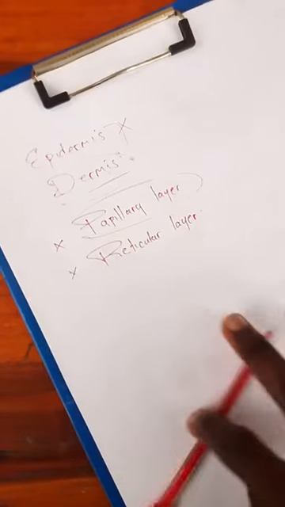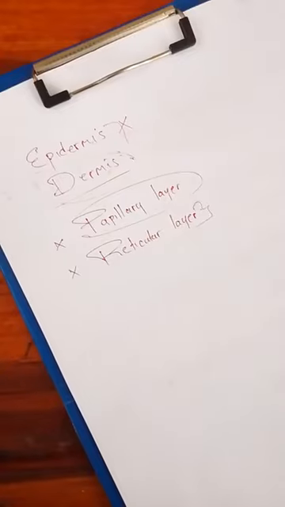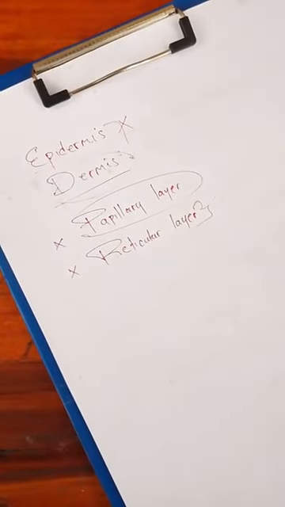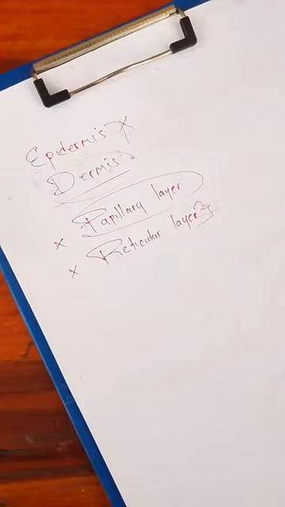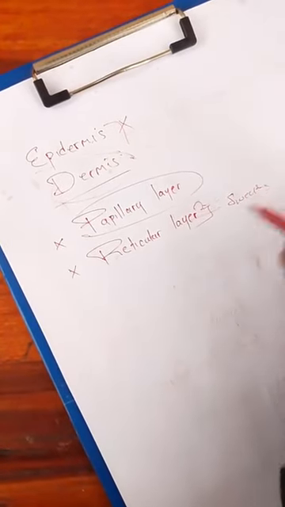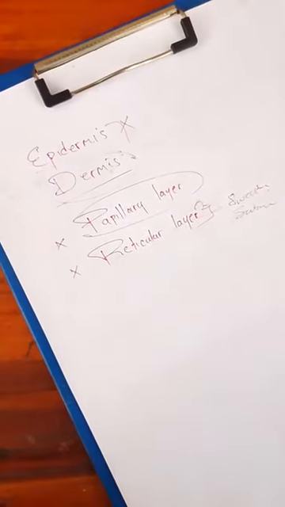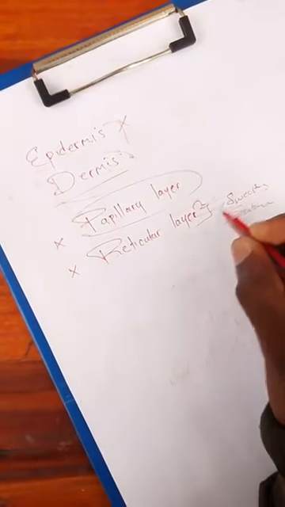Then the other layer that we can talk about is the reticular layer. The reticular layer is composed of dense irregular connective tissue, and this layer is responsible for housing structures like the sweat glands, the sebaceous glands, some other blood vessels, and also some receptors.